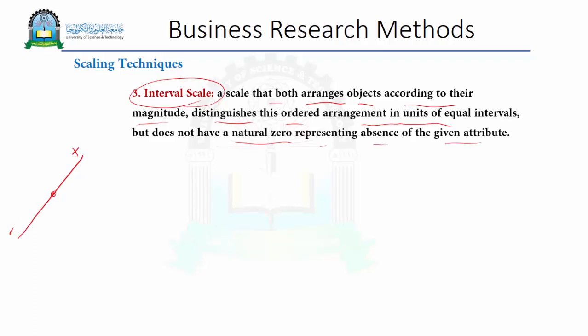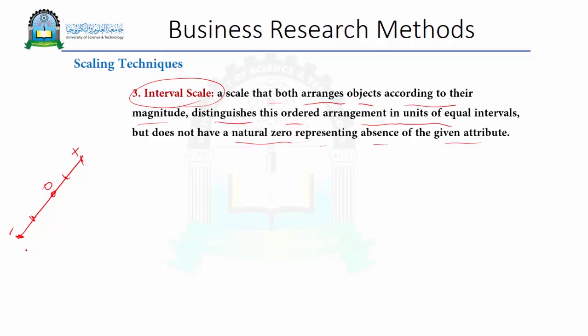Here must be 0. So it might be 3 choices or 5 choices or 7 choices or even 9 choices. So if 5 choices, it is going to be like this.